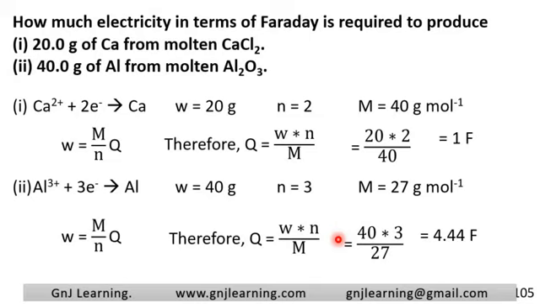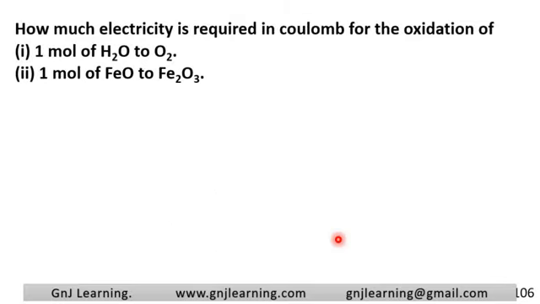So next problem is how much electricity is required in coulomb for the oxidation of 1 mole of H2O to O2. H2O to O2. So oxidation means always H2O will give O2. Why? Because here in H2O, O is having -2 oxidation state, whereas O in O2 is having 0.